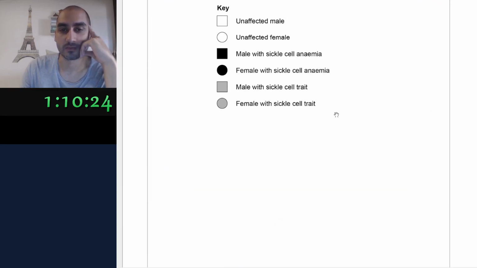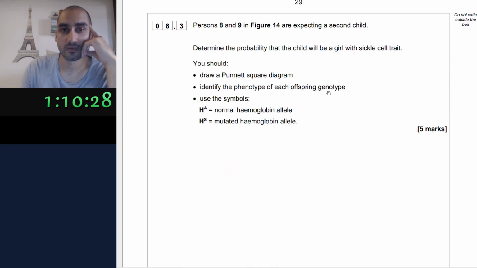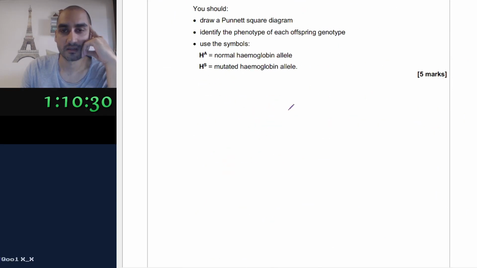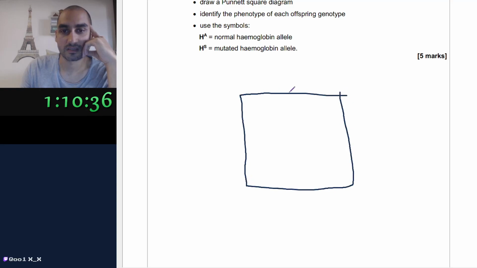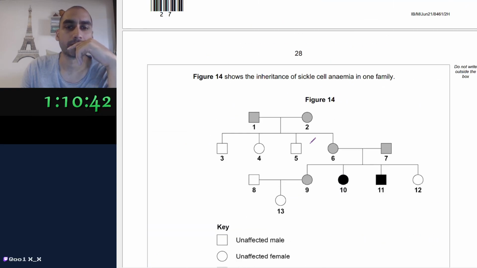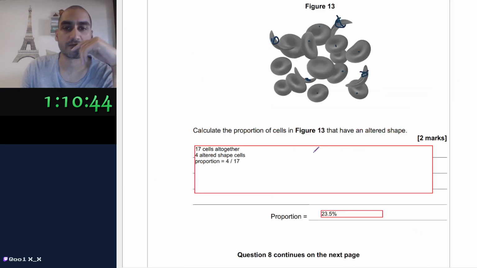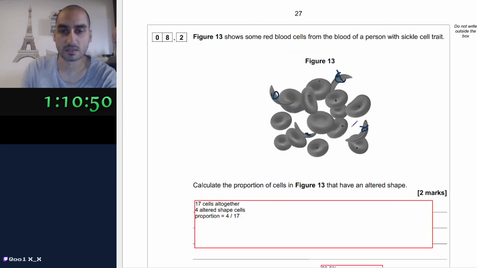I don't know what a Punnett square is. Oh, I know what a Punnett square is. So I think you do it like this. And then you say... So we've got HA, which is normal, and HS, which is mutated.